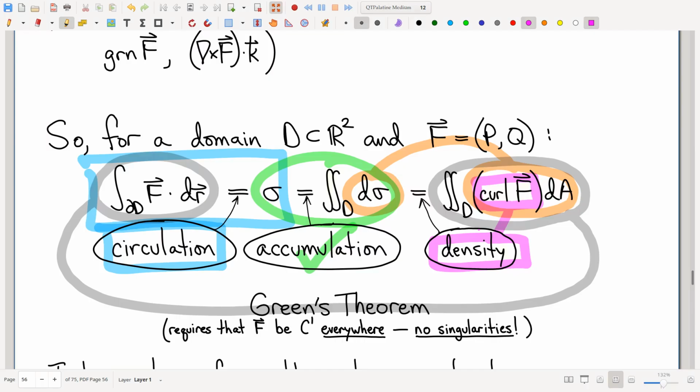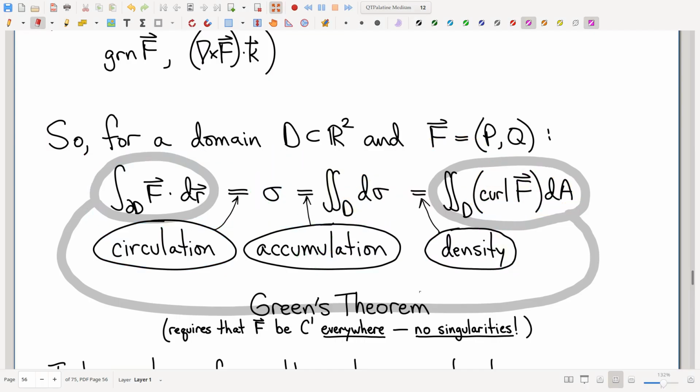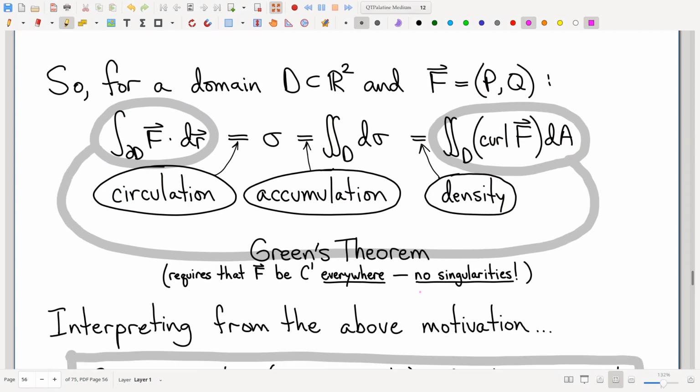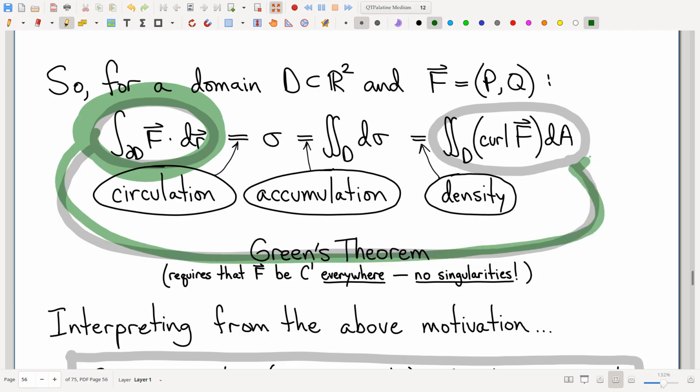Okay, now, so what? It's cute, I suppose, but why do we care? Notice the punchline. We were thinking of circulation as being a kind of stuff, but it's also an integral. It's a vector line integral over a boundary curve. And what this theorem is telling us is that I can compute this integral if I want to.